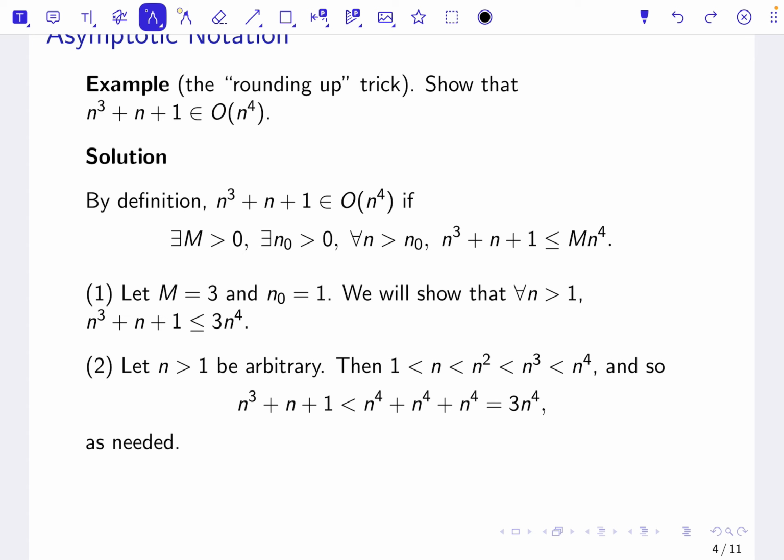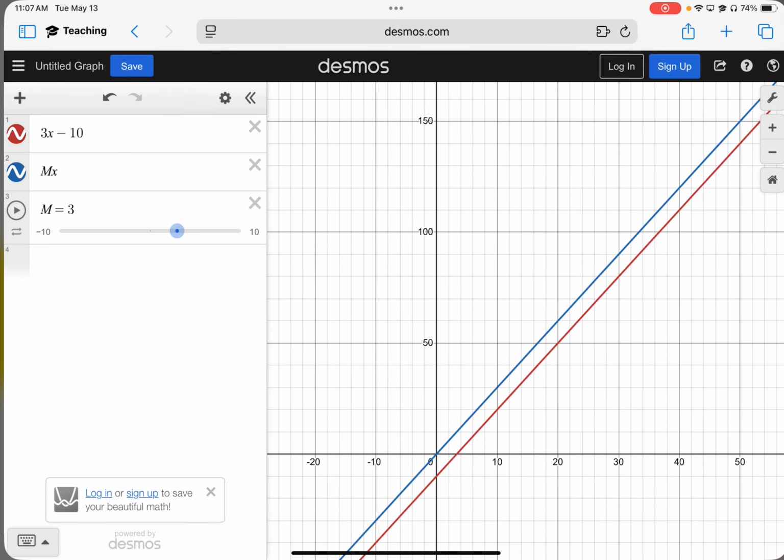And the last step is basically just our rough work in reverse, manipulating the inequalities to change each term to n to the 4, adding them up together, and you get the other side of the inequality. It's all great. Going to switch over to the graphing calculator again to show off this example graphically.